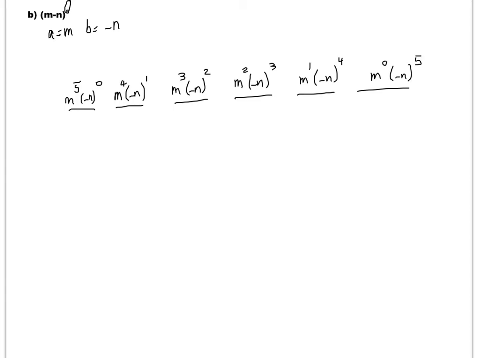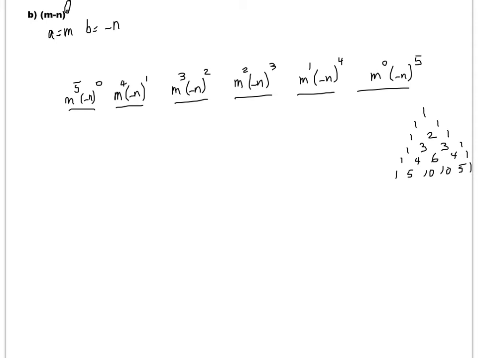Now I need to find the coefficients. For this, I have to expand Pascal's triangle. So I'm going to have 1, 1, 1, 1, 2, 1, 1, 3, 3, 1, 1, 4, 6, 4, 1, and 1, 5, 10, 10, 5, 1.